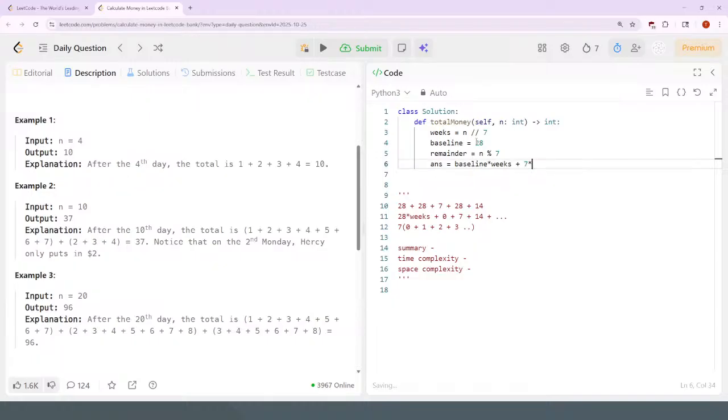Okay, so that should be like, let's say weeks minus 1, weeks times weeks minus 1, over 2.